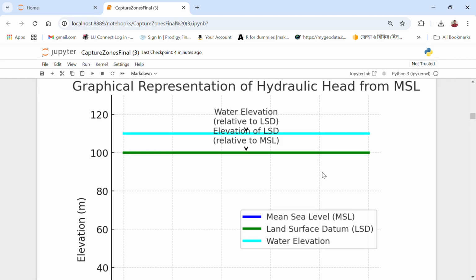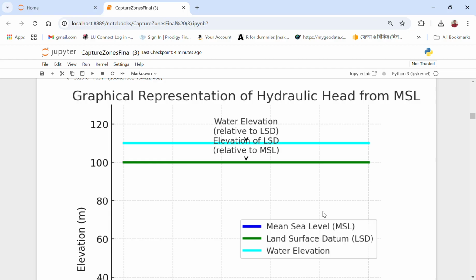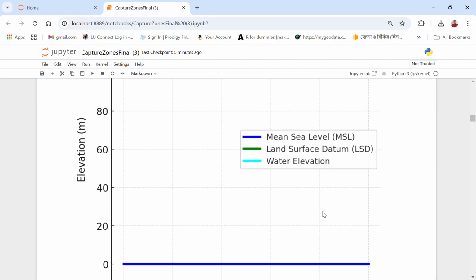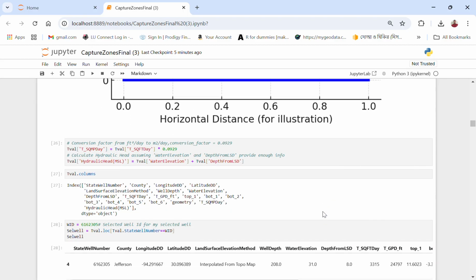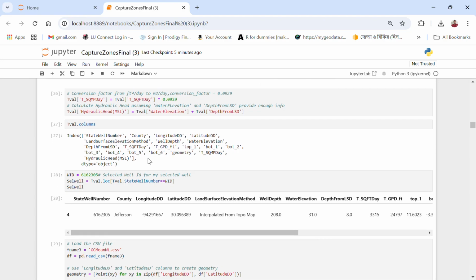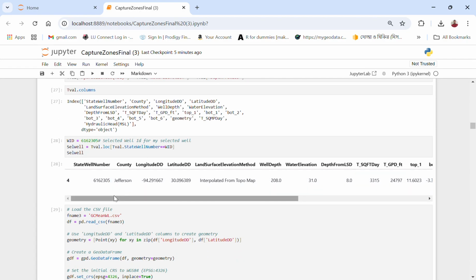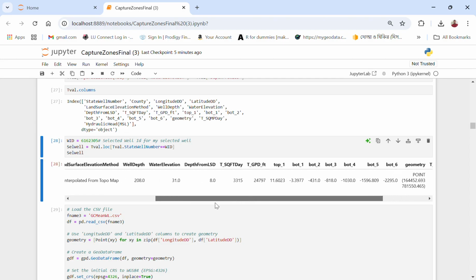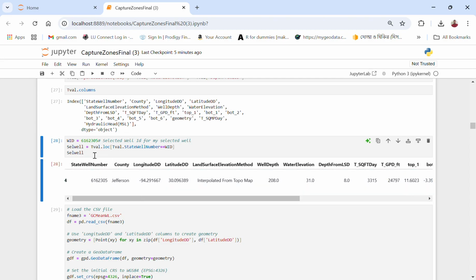This is the representation of hydraulic head with respect to mean sea level, and after that I convert the transmissibility value from square feet to square meter. The conversion factor is 0.0929, and after conversion I add this column separately in this file.